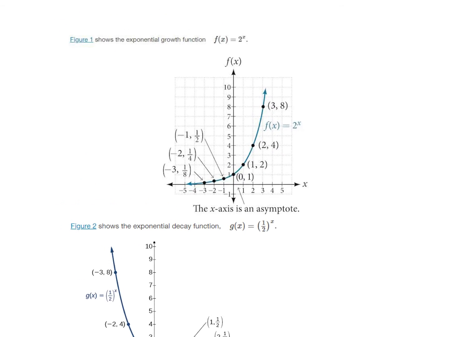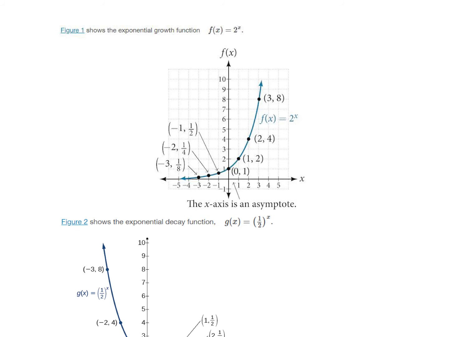If we look at the next page, I've graphed those points here. I actually have a few extras as well. And this is the exponential growth function. In this particular case, a b to the x, our a is just 1, our b is 2, and of course our variable is x.